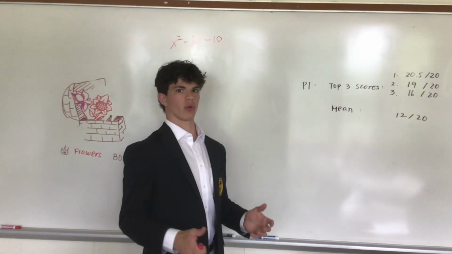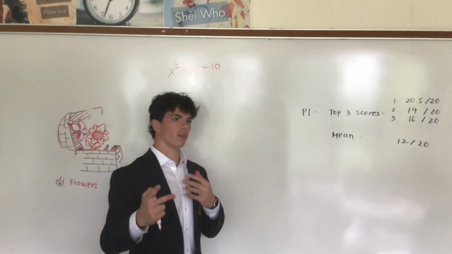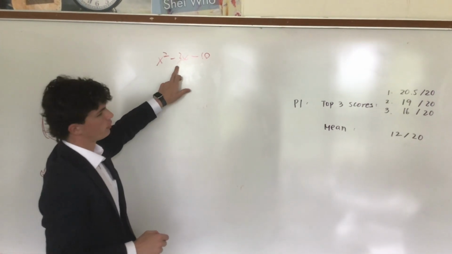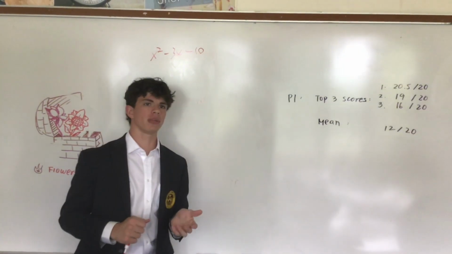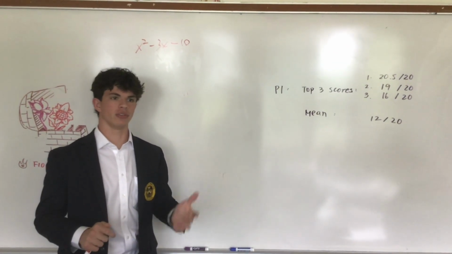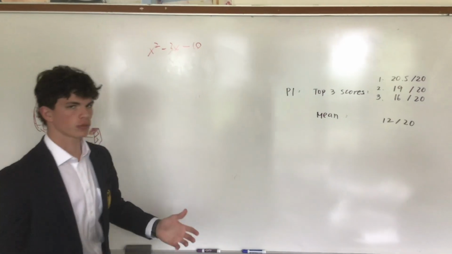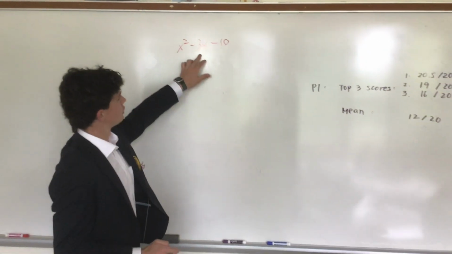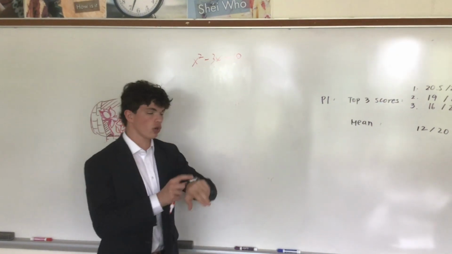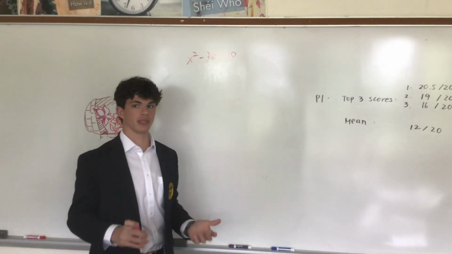Now we have to factor the quadratic. So here, we need two numbers that multiply to -10 and that add to -3. So what is the first number that comes to your mind that equals 10? Firstly, I think of 5 and 2. 5 and 2 works perfectly as well because there's a difference of 3. But since it is a -3, that means the larger number must be the negative.